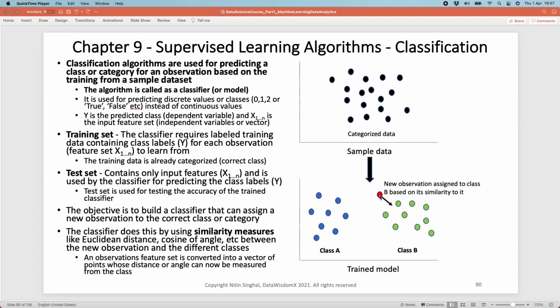And now, if you extend this concept of the point from being just one x variable to multiple x variables, you can represent that as a vector, and that vector will have its own magnitude and direction, and then you can apply the algorithms to find the distance between the vectors. And there are different mathematical techniques available to calculate this distance, which we'll cover as part of the different classification algorithms.